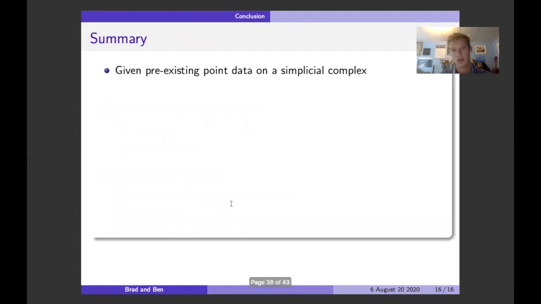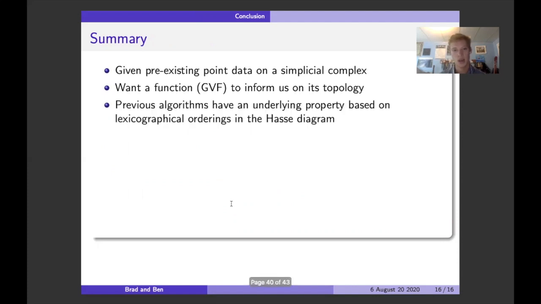And so to summarize, if we're given some pre-existing point data on a simplicial complex, and we want some function to inform us about its topology, we can equivalently do this with a gradient vector field on a simplicial complex, and actually combinatorially on a Hasse diagram. There are already algorithms to do this, but if we look at them combinatorially, they have these lexicographical orderings that are determining all of the matchings that are going on.